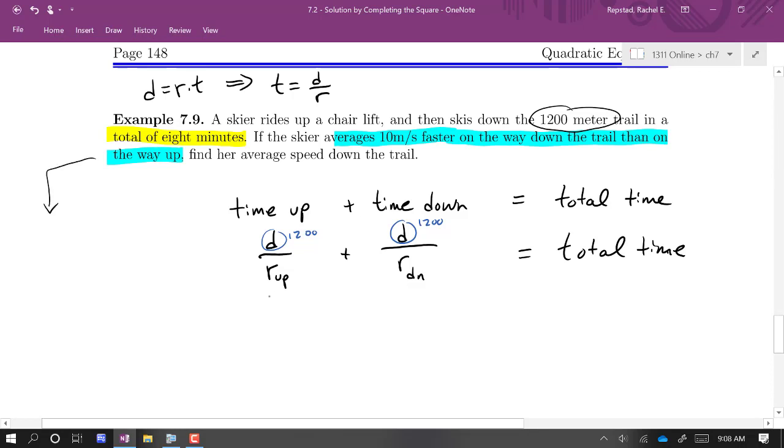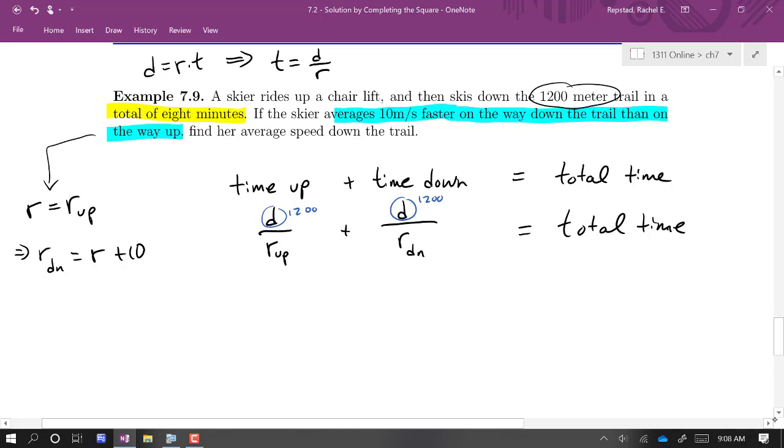We're going to pick one of these to be our variable. So I'll let r equal the rate going up. And then if she averages 10 meters per second faster on the way down, that means that the rate going down is r plus 10.